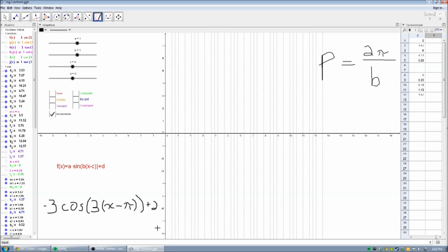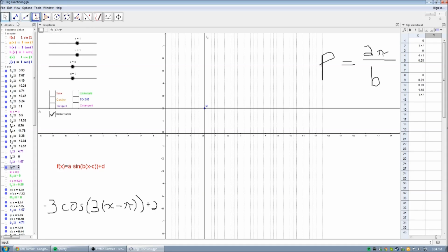So this gives us a horizontal shift of positive pi and a vertical shift of positive 2. So I'm going to need a point at pi, 2. So here is my new starting point. I just need an x and a y axis right there. This is where my function is going to start.